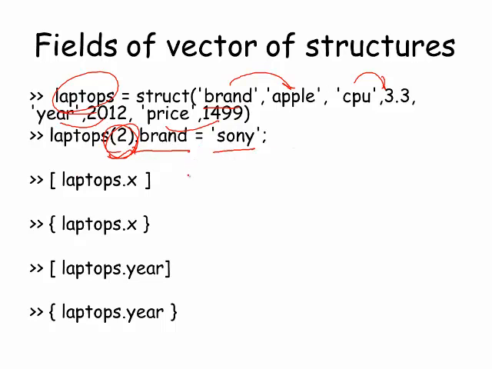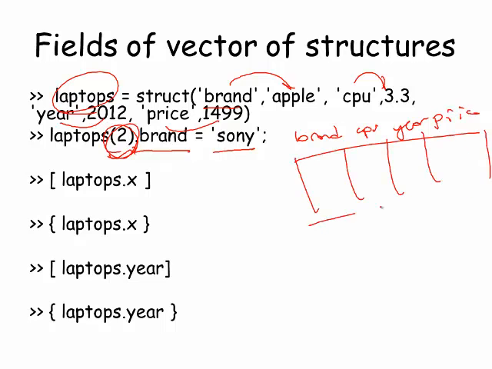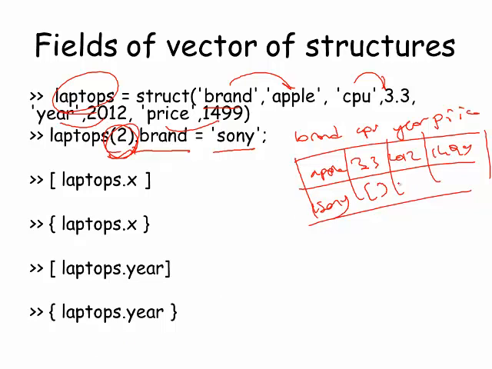So all the other fields will be empty matrices: brand, CPU, year, and price. So I have Apple, 3.3, 2012, $14.99, and the next structure has Sony as a brand, and everything else will contain an empty matrix.